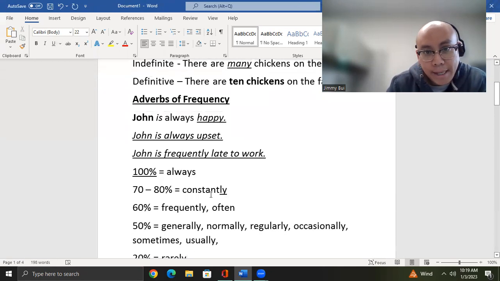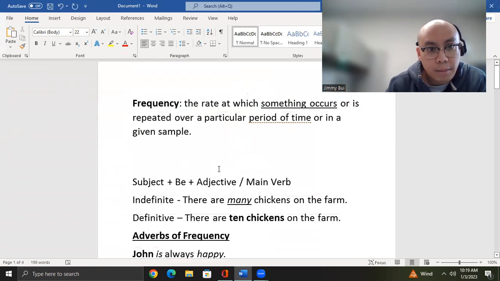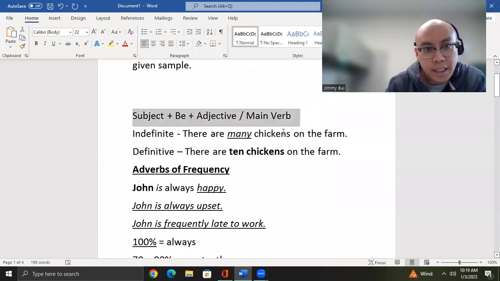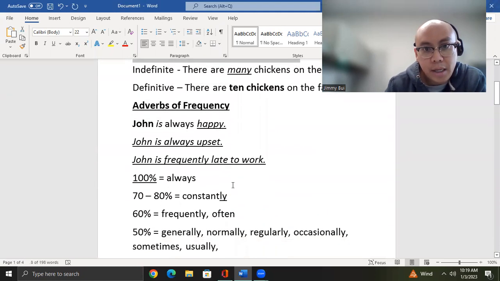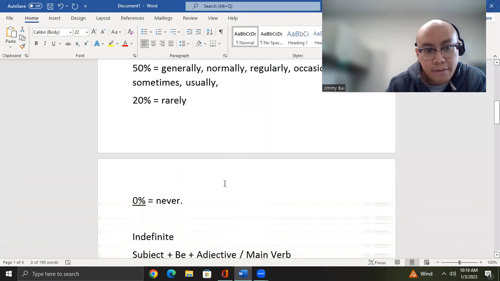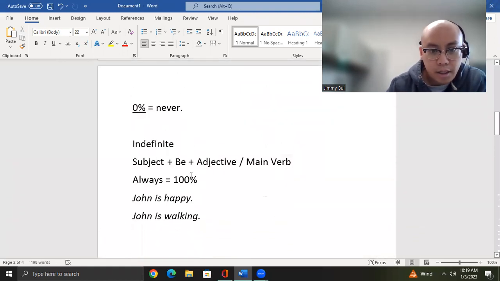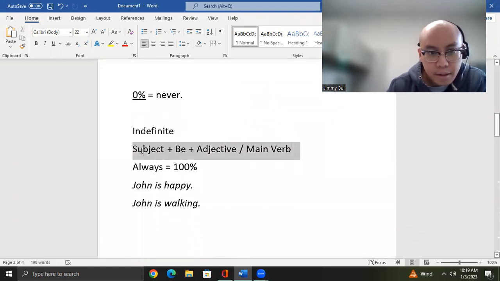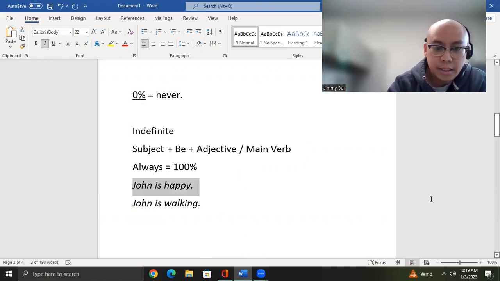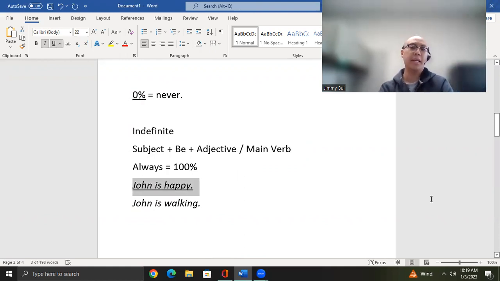Going back to our sentence here, I'm just going to take the same structure: subject, the verb be, adjective, and main verb. You will see it here: subject, be, adjective, main verb. So this is an example. John is happy.